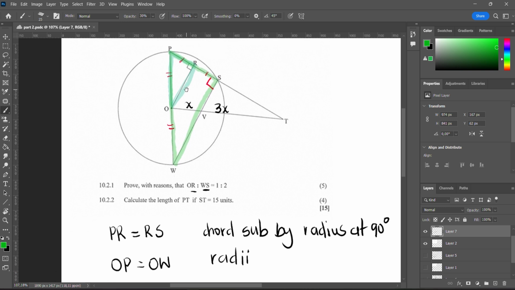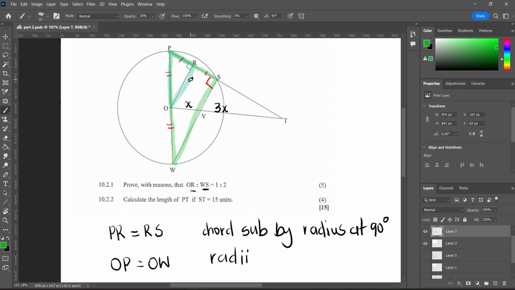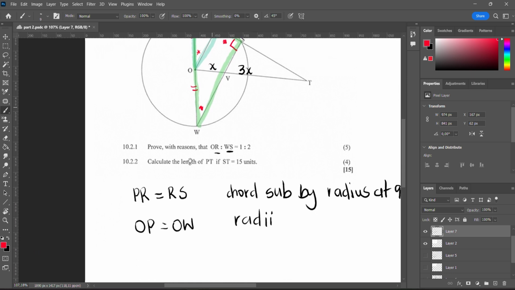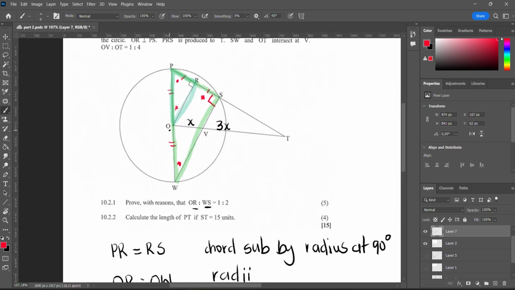And if you see where this is going, we're going to have the situation we had last time, which is angle, angle, angle. So this angle, that angle, that angle, and these two angles right here. So before we get there, we want to talk about OR and WS.